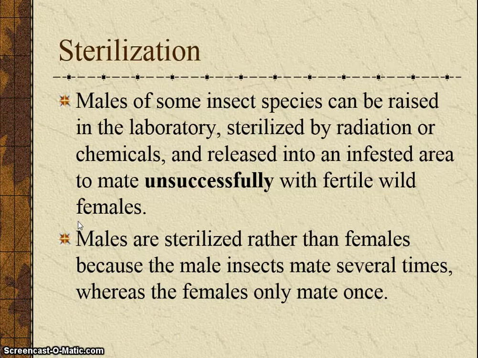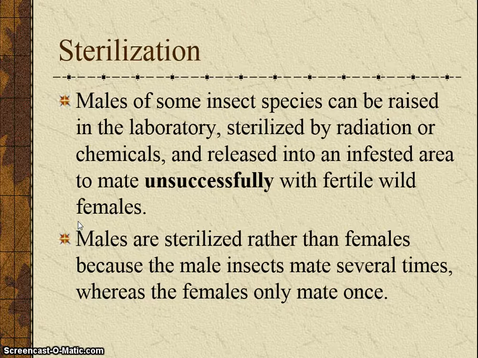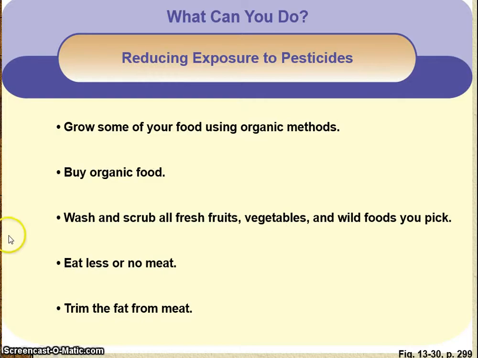You can sterilize male bugs so that when they go and mate with the female bugs and produce larvae, the larvae either don't get produced at all, or they're completely sterile. So within one life cycle, you can completely decimate the population almost.